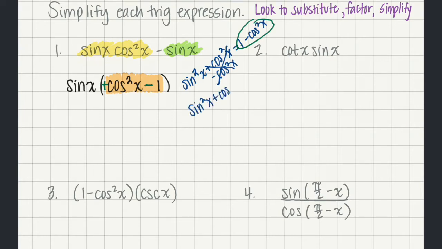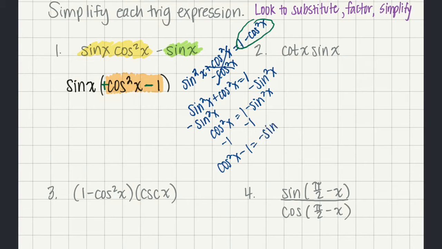If I have sine squared of x plus cosine squared of x equals 1, and I need cosine squared minus 1, that means I would need to subtract sine squared from both sides, right? That's going to give me cosine squared of x equals 1 minus sine squared, and then subtract 1, and then I have cosine squared of x minus 1 equals negative sine squared.